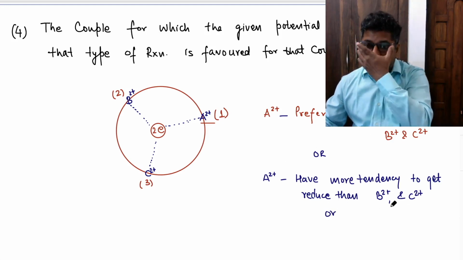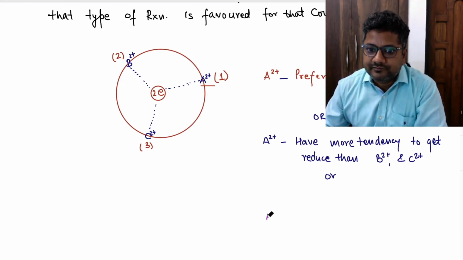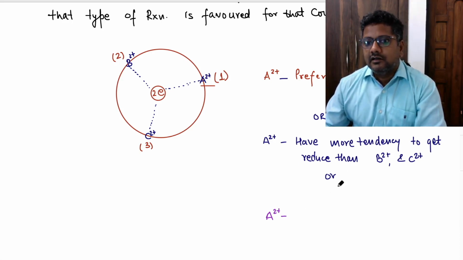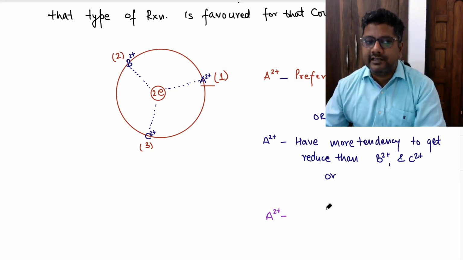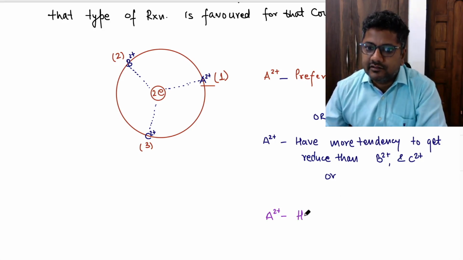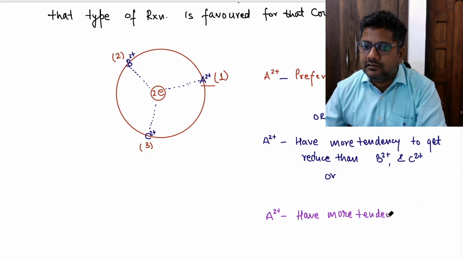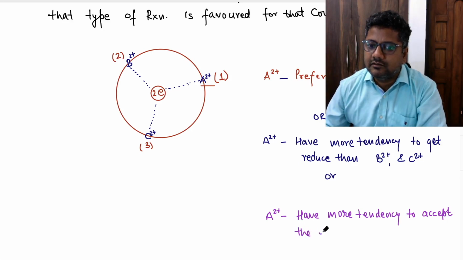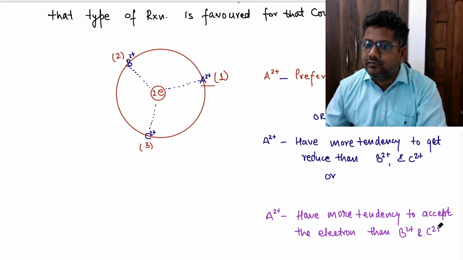A2 plus has more tendency to get reduced, and A2 plus has more tendency to accept the electron than B2 plus and C2 plus.